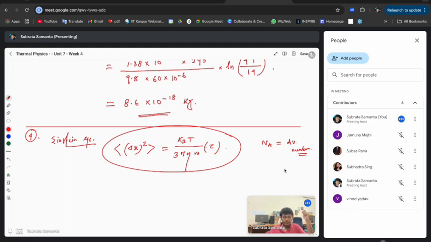Can anyone tell me? Tau is given, r is given, eta is given, temperature is given. How to compute the Avogadro number?